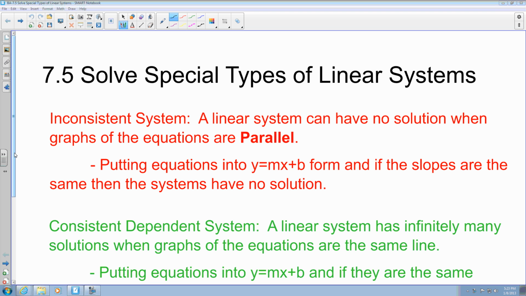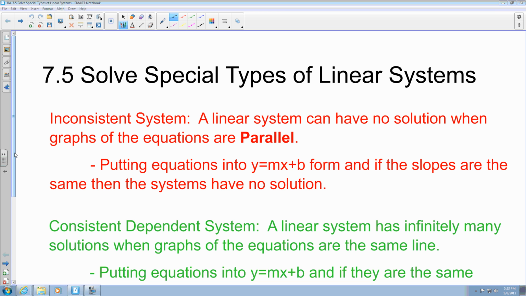What we are looking at today is ways that we can see systems that may not always need substitution or elimination, because you can see proof in the equation where it can sometimes have either infinitely many solutions or no solutions.